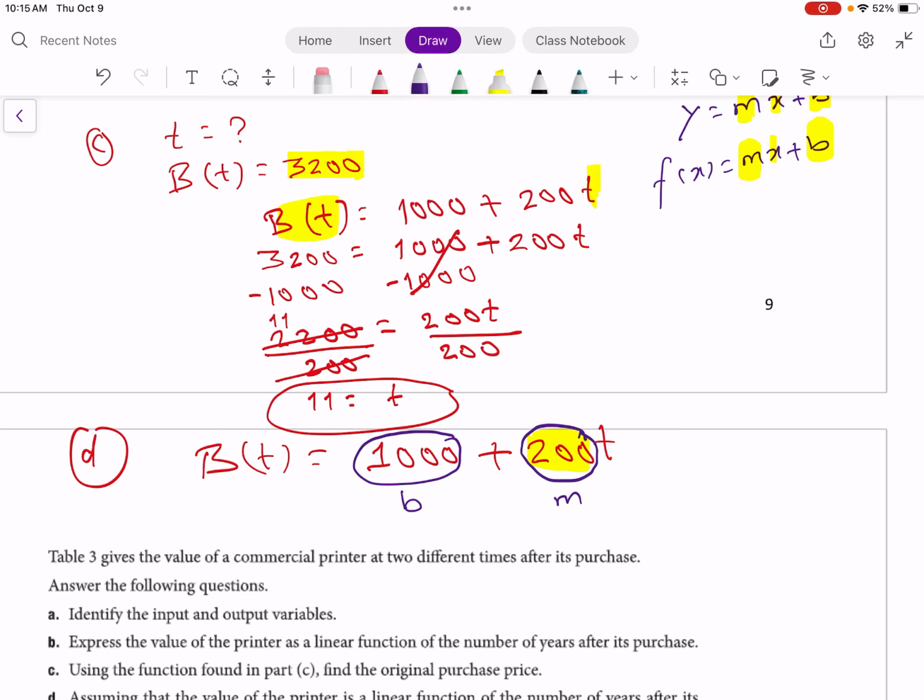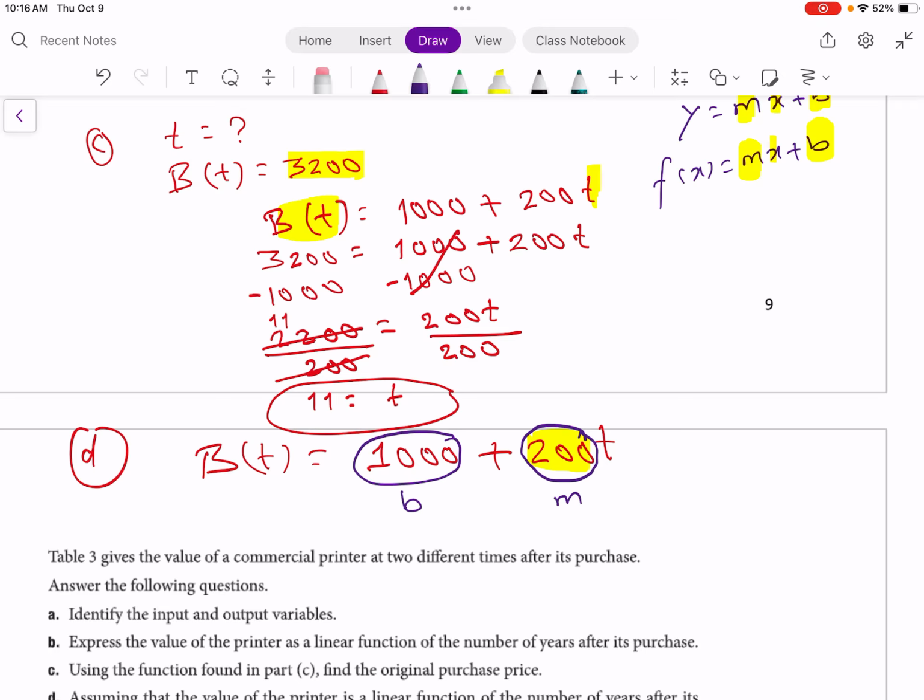We defined our T as the number of years that you work for the company. If we are talking about the starting date, the number of years you work for the company is 0, right? So when our time is 0, our bonus is $1,000. It means she received a $1,000 bonus as a starting bonus, the bonus she gets on her very first day.